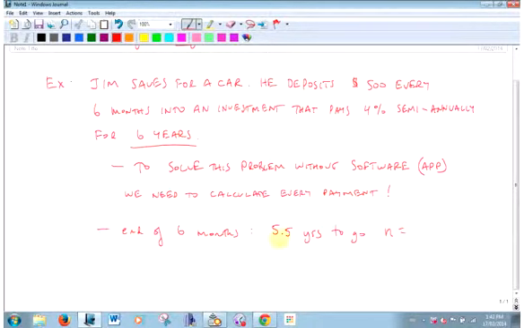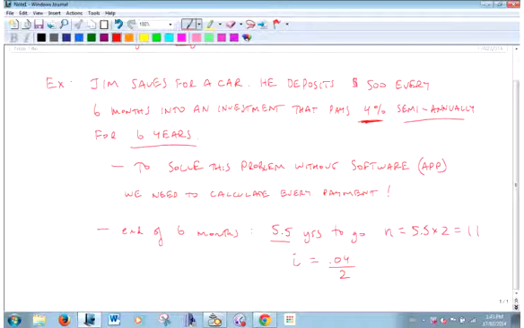So you know how to do this. 5.5 years semi-annually is twice a year, so 5.5 times 2, n is 11, in our compounding formula. And this is 4%, but I need a semi-annual rate.